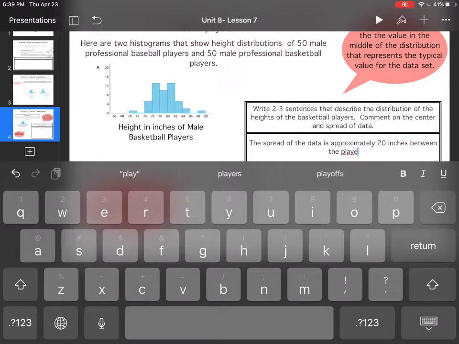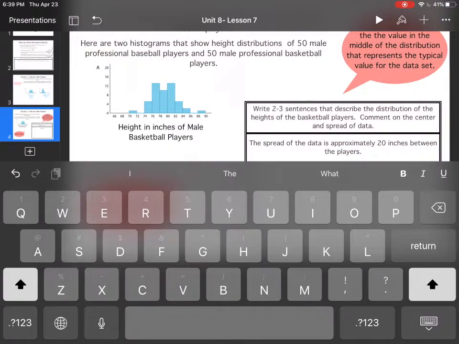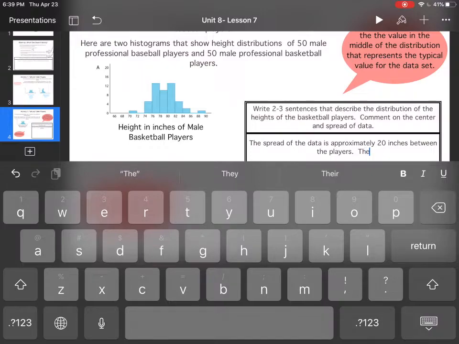That would make a big difference because that's almost 2 feet. Wow. The center of the data is between 78 and 79 inches.